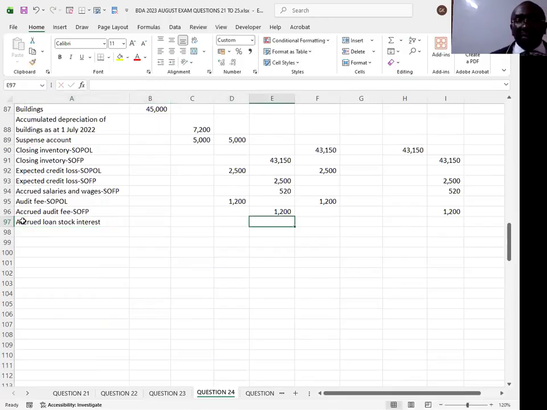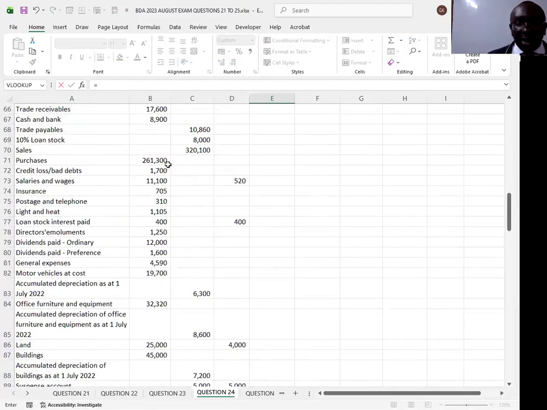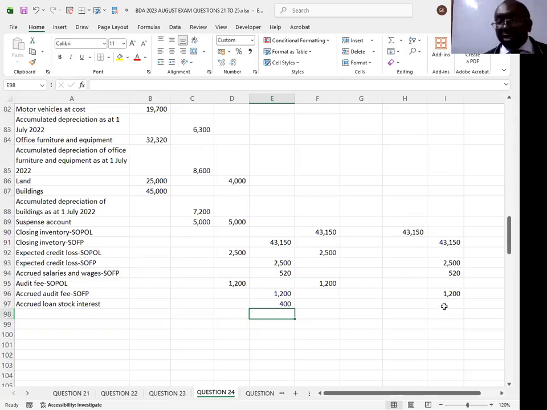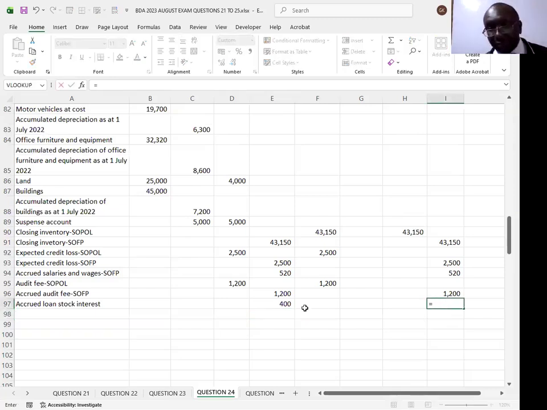Now this one being a liability, it should be credited. So equals, ukibia hapa juu hii 400. And because this is a current liability, we credit it there.